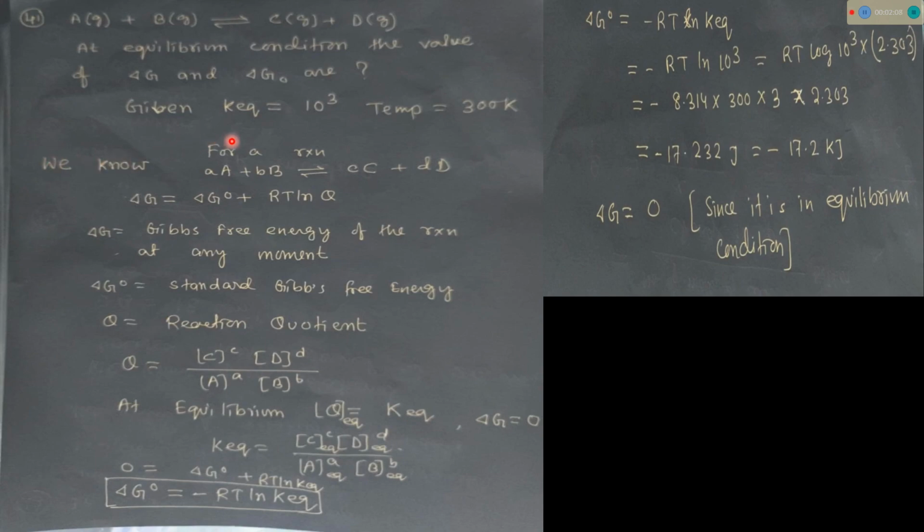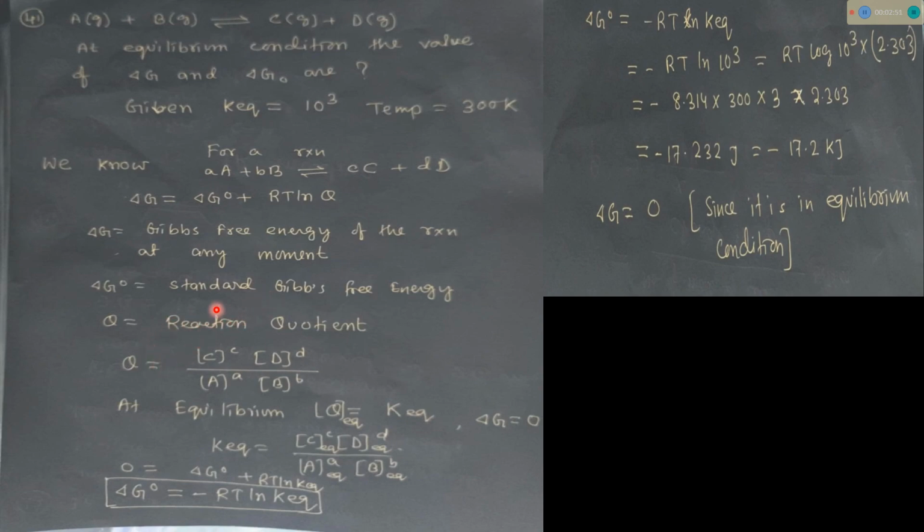We know for a reaction like that, a moles of A plus b moles of B react to form c moles of C plus d moles of D. This is a reversible reaction. For this reaction, the Gibbs free energy equation is del G equal to del G 0 plus RT ln Q. Del G is the Gibbs free energy of the reaction at any moment, and del G 0 is the standard Gibbs free energy, meaning all species are in their standard state. This Q term is called the reaction quotient.